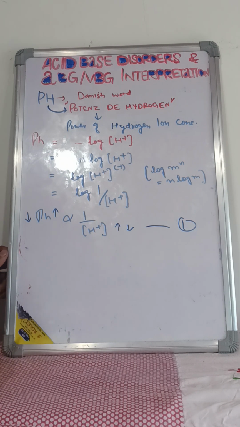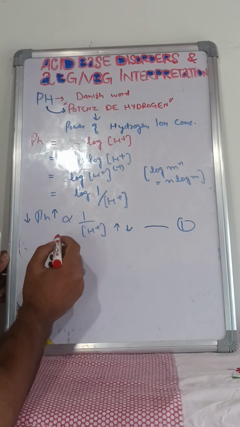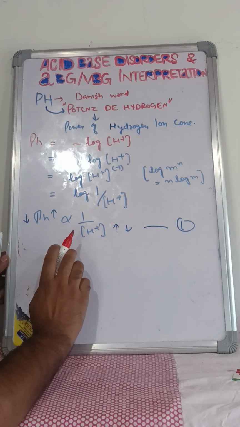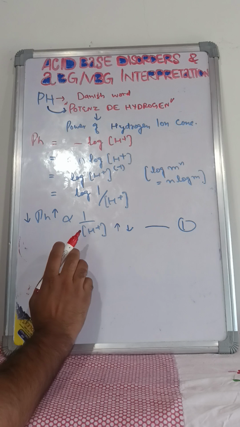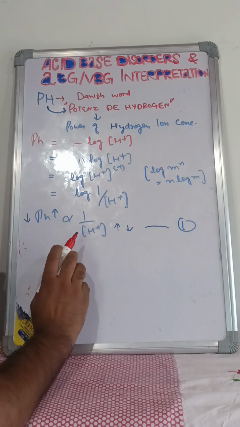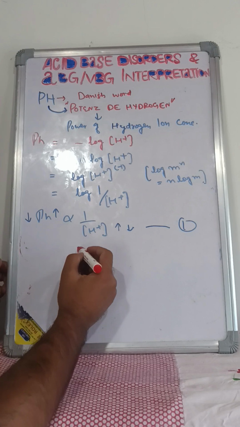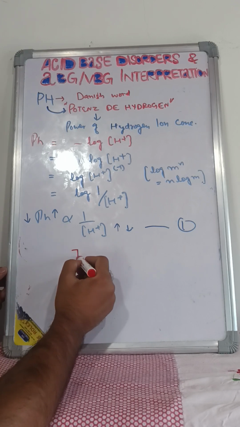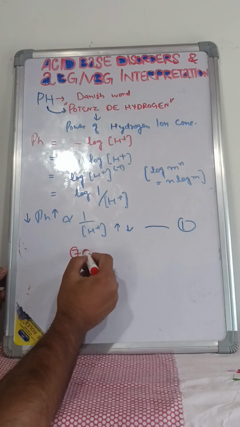So this is pH. Our second concept is, you recall the pH scale, basic pH scale, which everybody has read in 11th, 12th class. So in that scale, 7 we take as neutral pH.